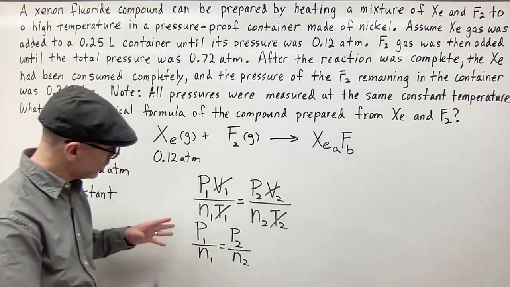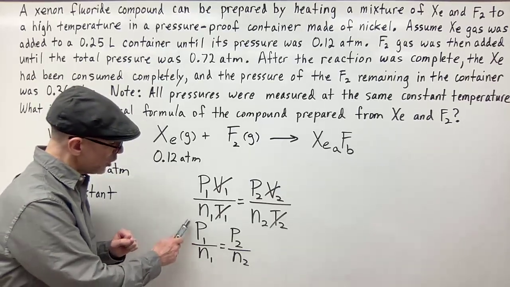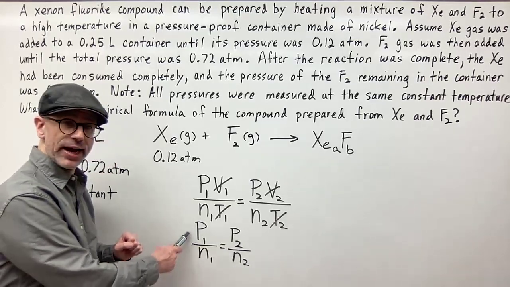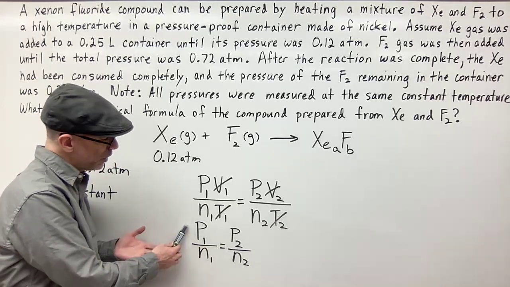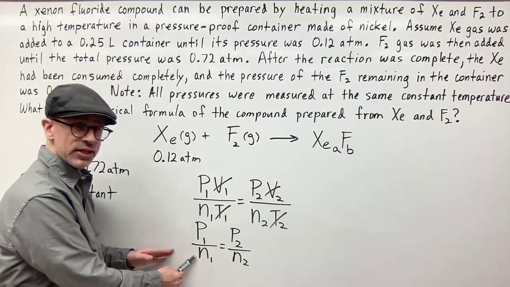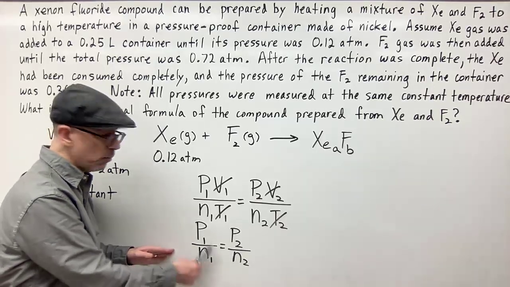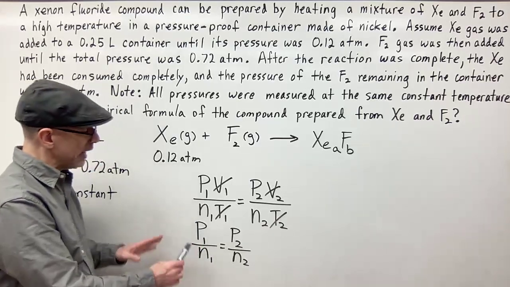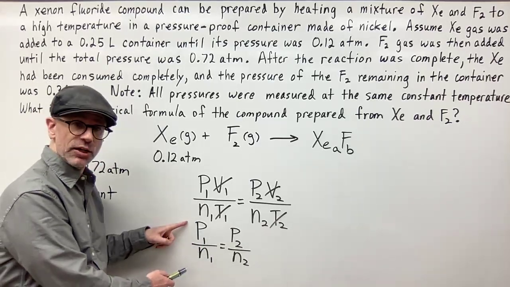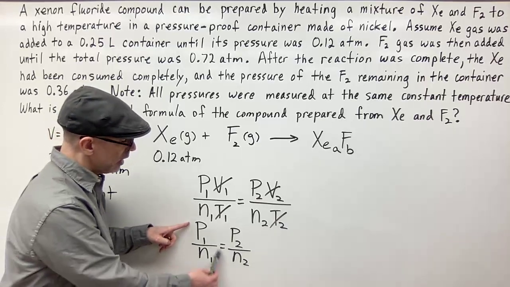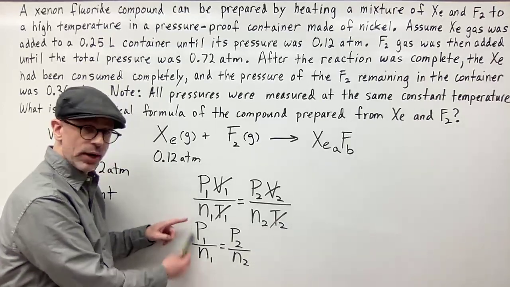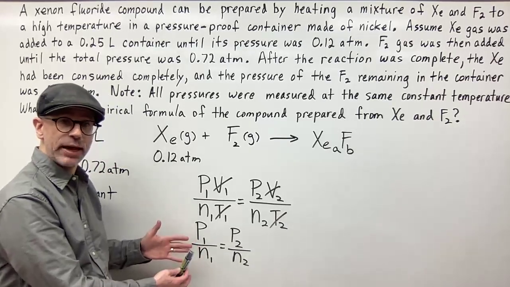Notice here that the ratio of my beginning pressure and amount, so if I start with a certain pressure and a certain number of moles, then that's going to be a certain ratio. If I change the pressure, then the number of moles has to change in order to keep the ratio the same. They have to change in the same way.